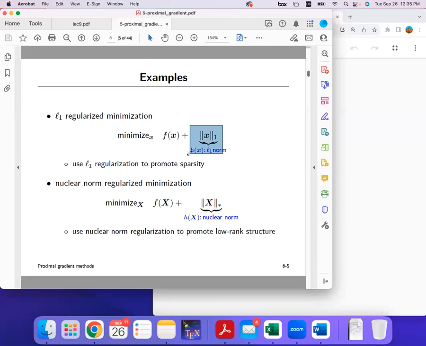So intuitively, once you add this norm as a regularizer, when we minimize this function f(x), we will have to consider the L1 norm of x. We want to make sure that we find a solution that minimizes f(x) and also sort of minimizes the L1 norm of this function, right?